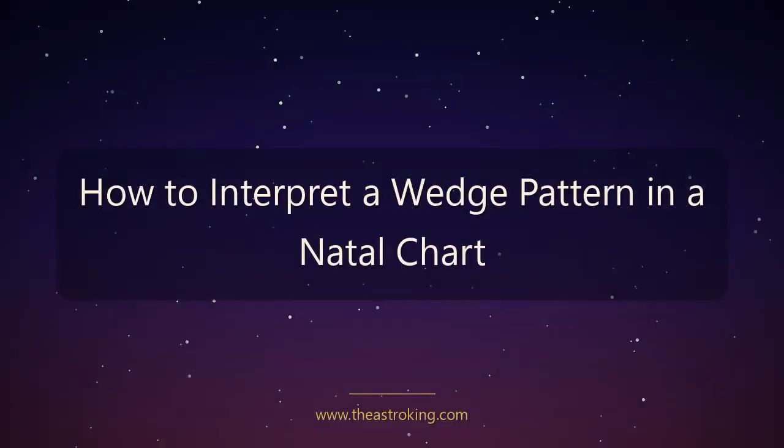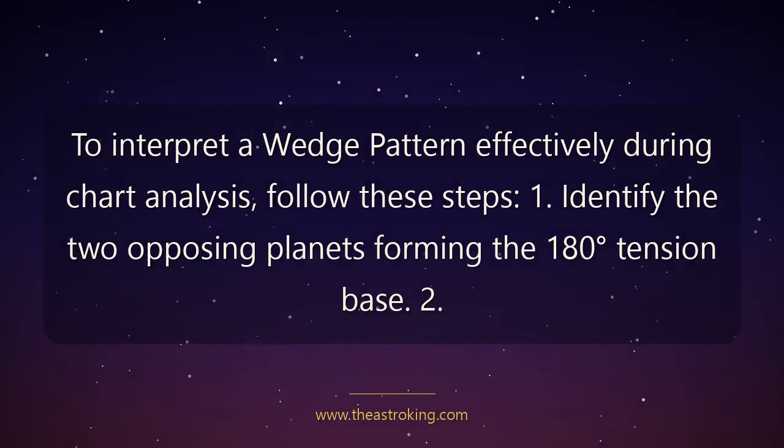How to interpret a wedge pattern in a natal chart. To interpret a wedge pattern effectively during chart analysis, follow these steps. 1. Identify the two opposing planets forming the 180 degrees tension base. 2.